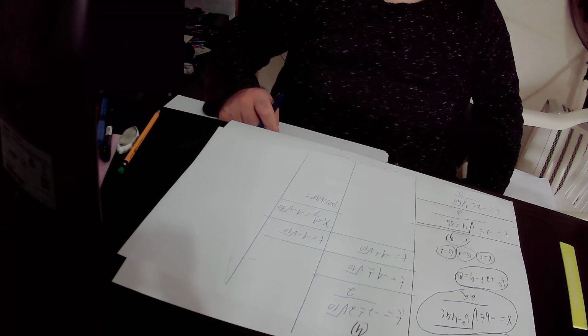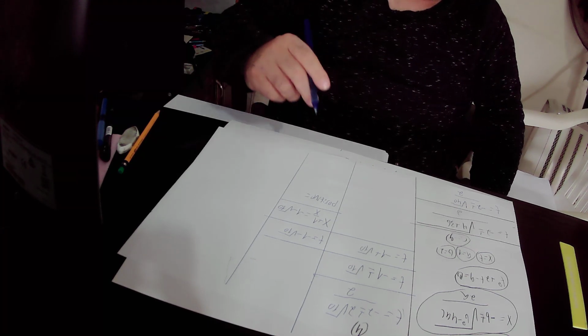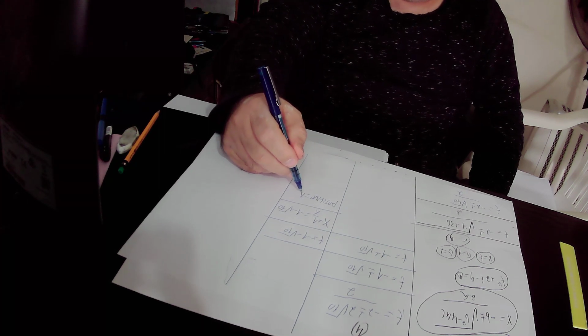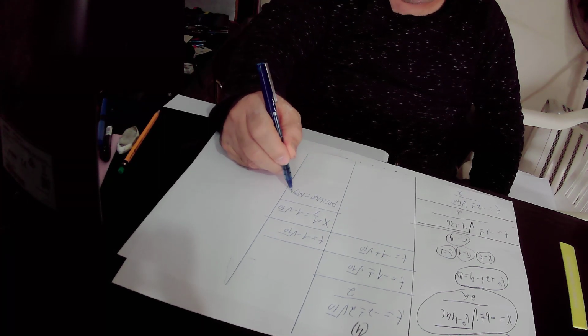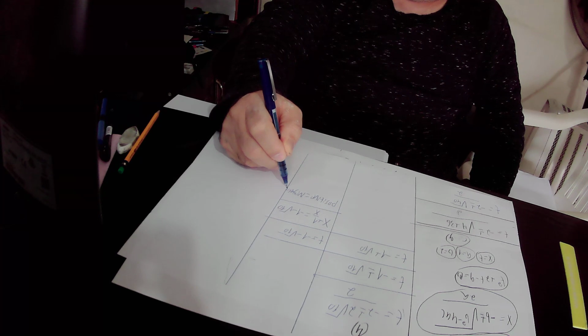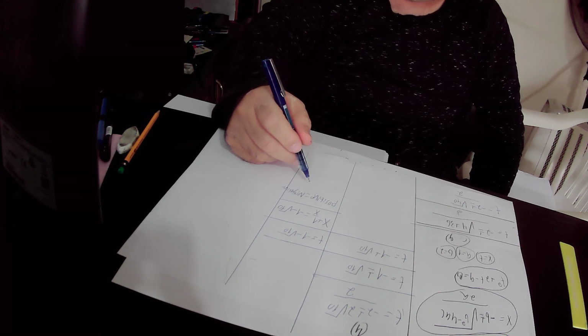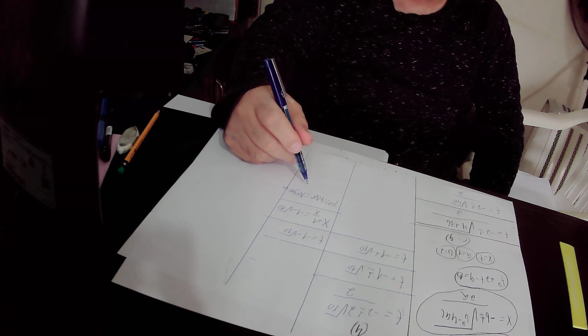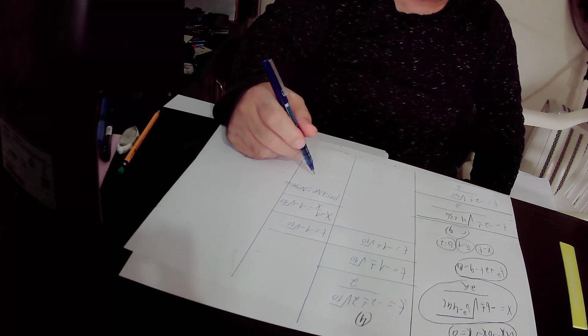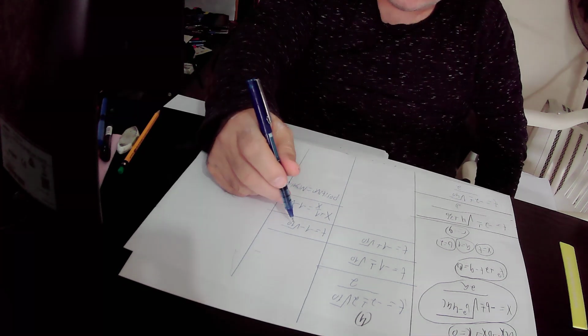Minus 1 minus square root of 10 units is a negative number. And a negative number can never be equal to a positive number, so there is a contradiction here. Therefore, this solution is the incorrect solution.